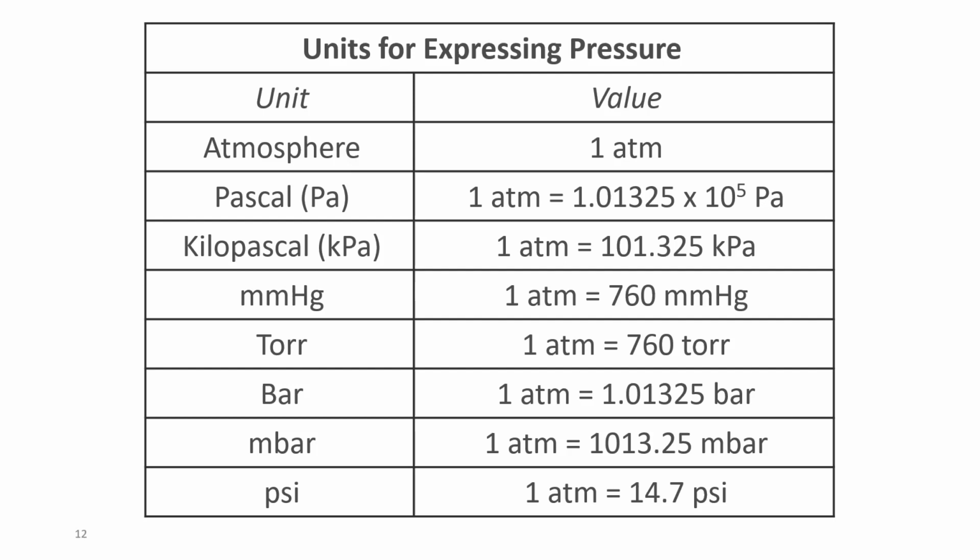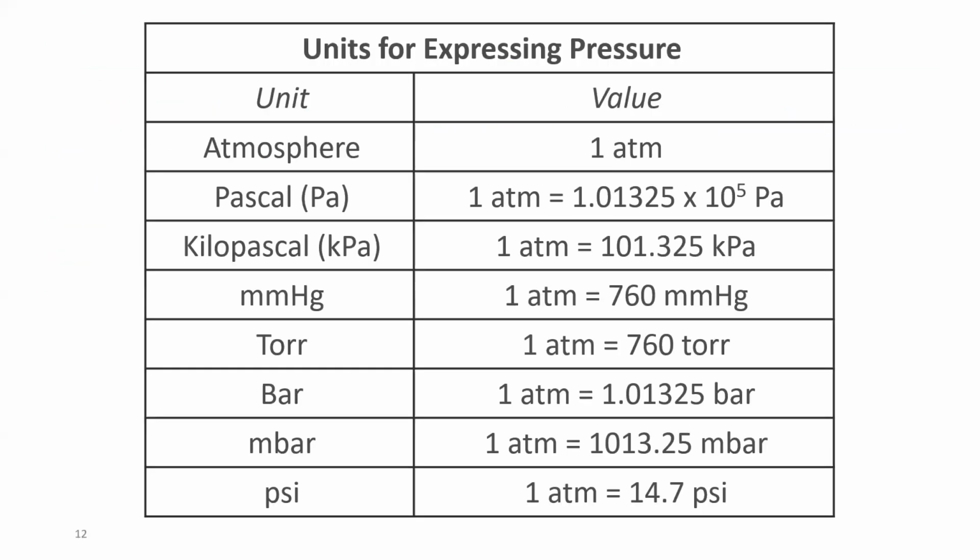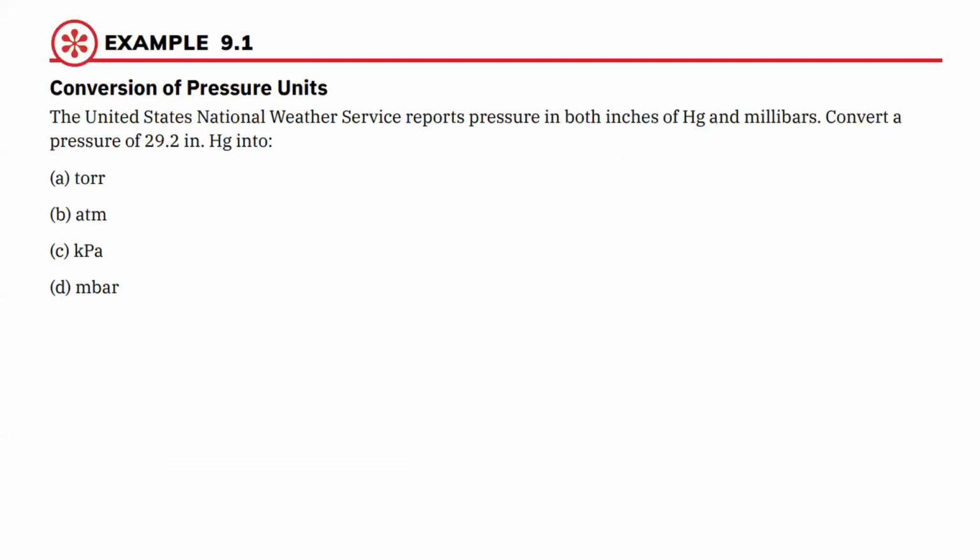On the next slide, we're going to have a question that requires you to convert pressure units, starting in inches of mercury. What I would recommend you do with this one is just write down 29.2 inches of mercury, and then inches to millimeters.